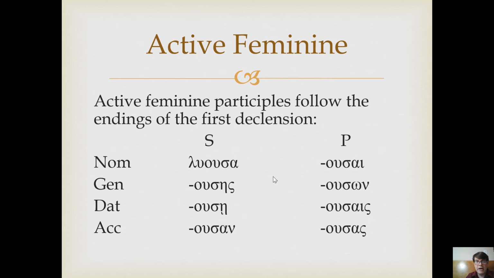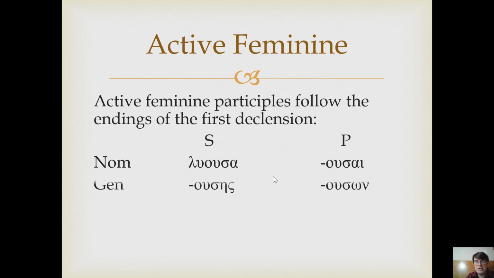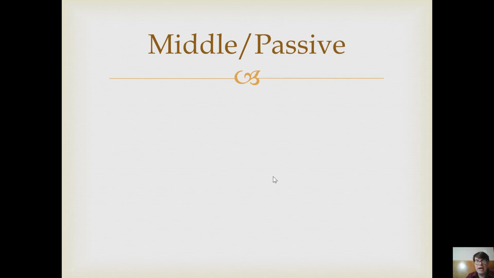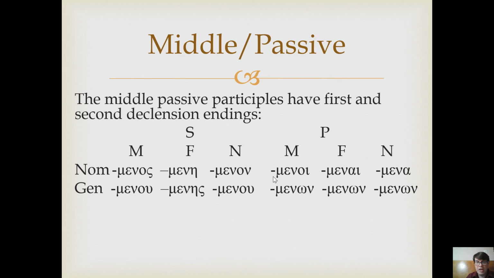There you have it. So the masculine and neuter, active, follow the third declension. Active feminines follow the first declension, and then the middle or passives are easy. They follow the first and second declension endings. Here they are.